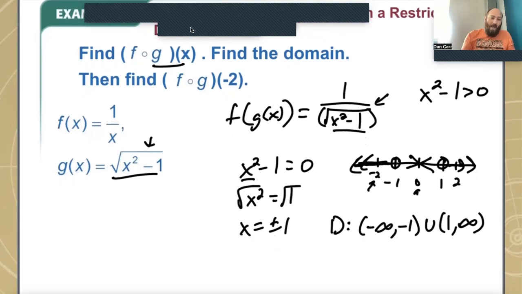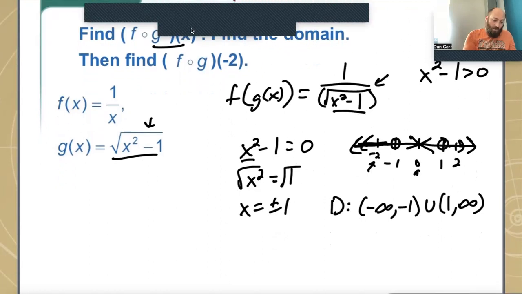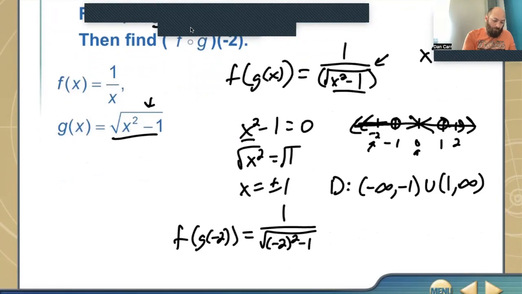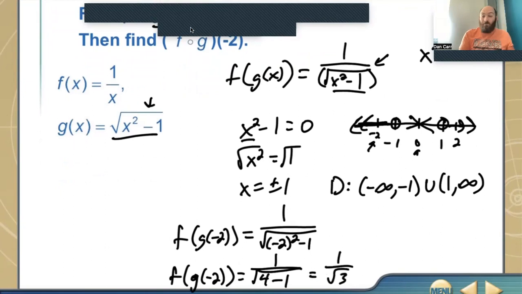Now, finding f of g of -2. It's going to look like this: f of g of -2 is equal to 1 over the square root of -2 squared minus 1. So that's 1 over the square root of 4 minus 1, which is equal to 1 over the square root of 3.